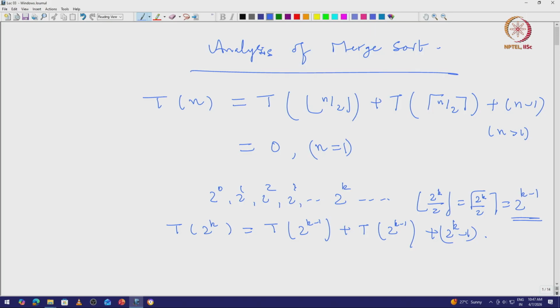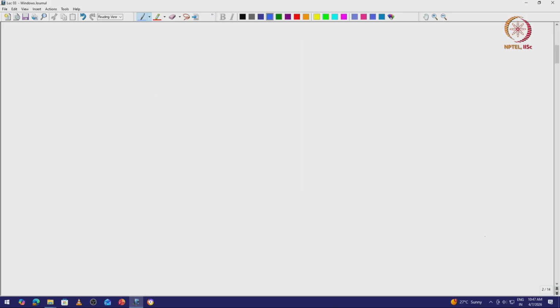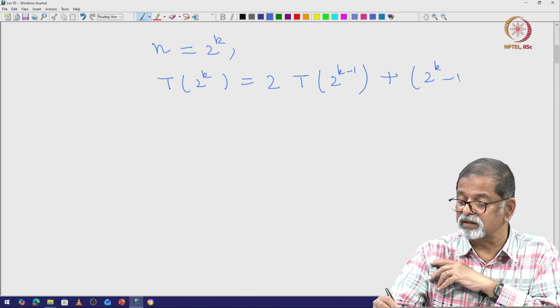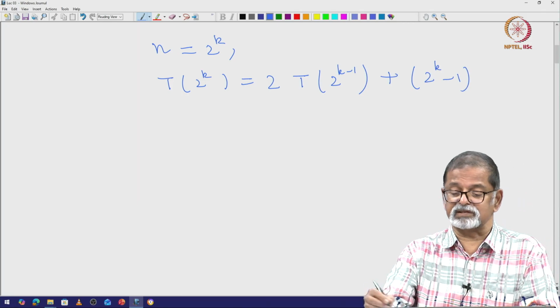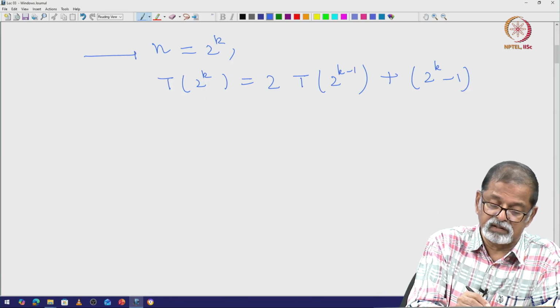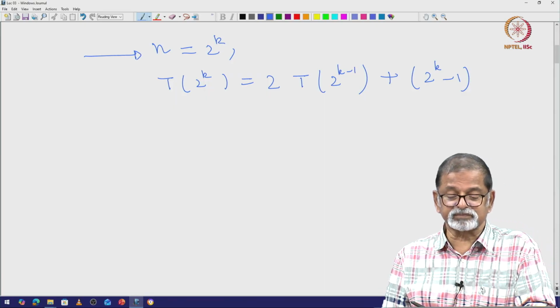In other words, what we are going to say is, set n equal to 2 power k, then we get T of 2 power k is 2 times T of 2 power k minus 1 plus 2 power k minus 1, because this is n minus 1 and n is 2 power k.